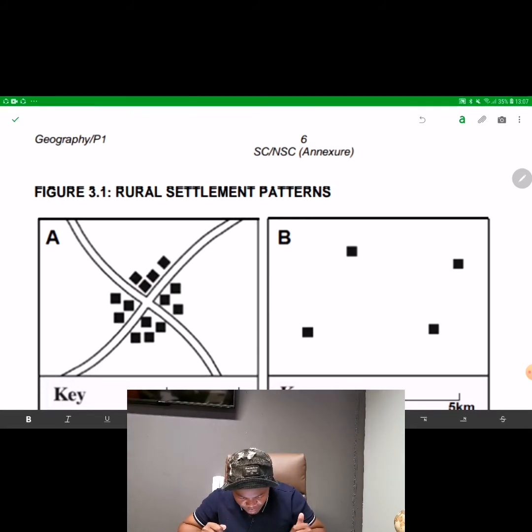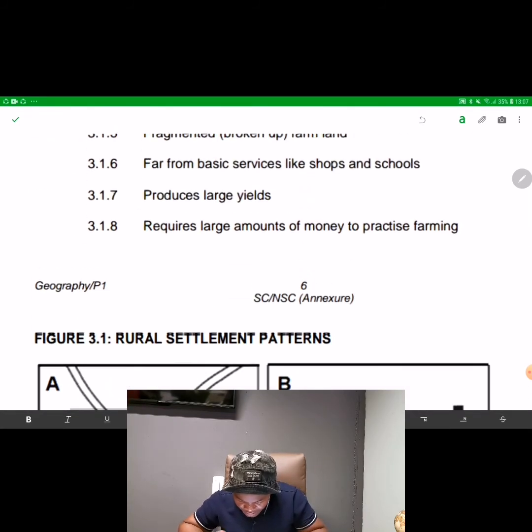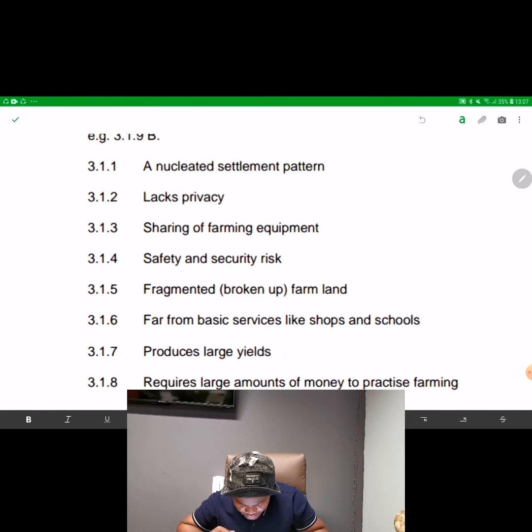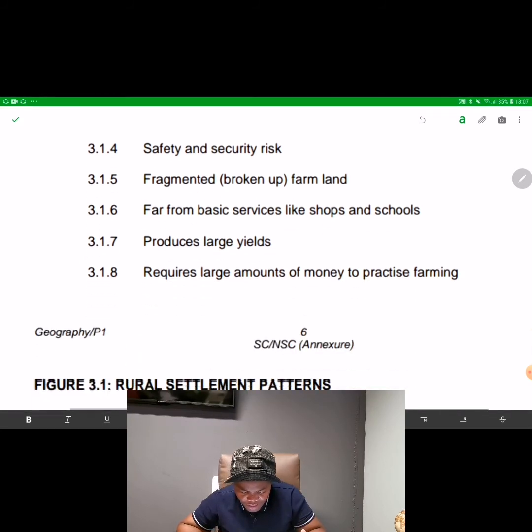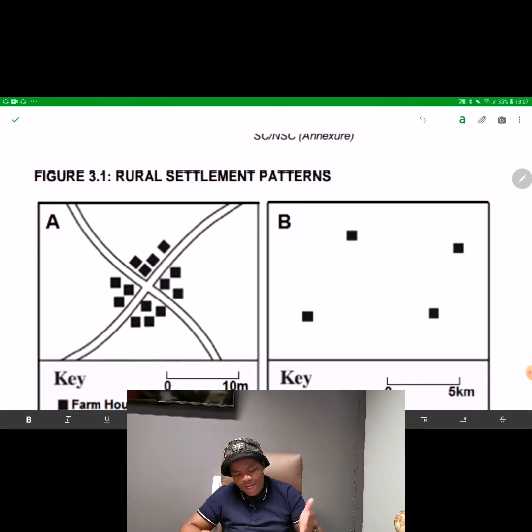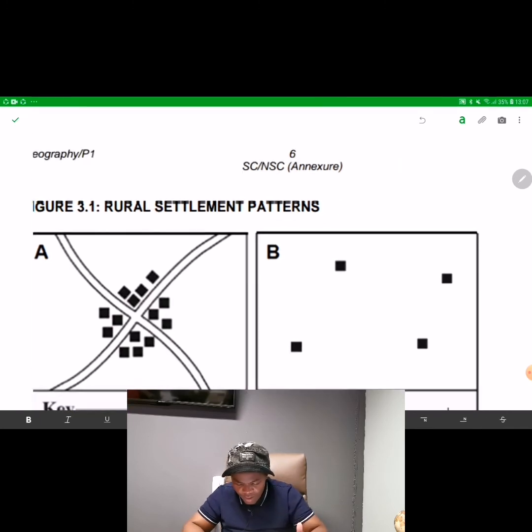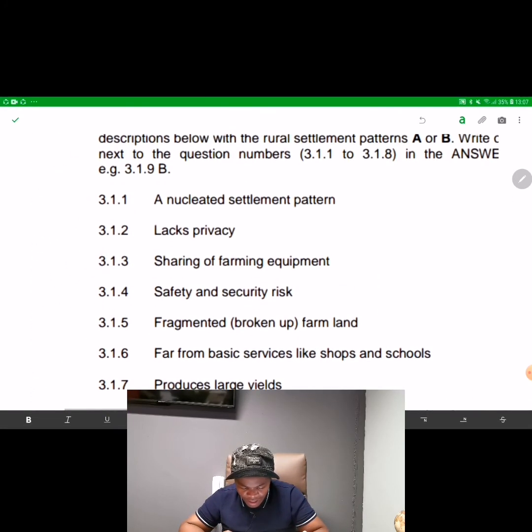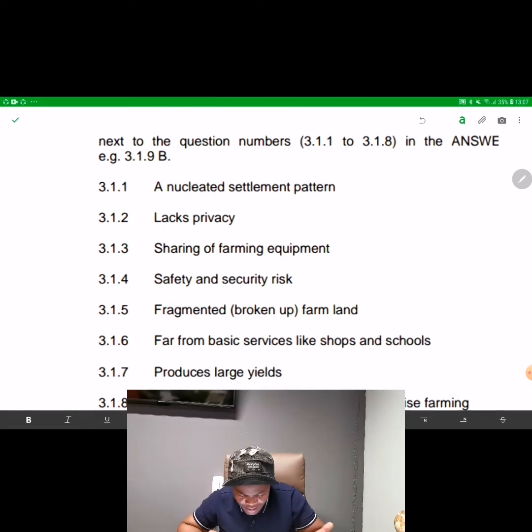And then let us look at our question, sharing of farm equipment. Again, the answer is A, because these people live together, they share the resources that they are using for farming. So our 3.1.1 is A, and then 3.1.2 is A, and then 3.1.3 is A.